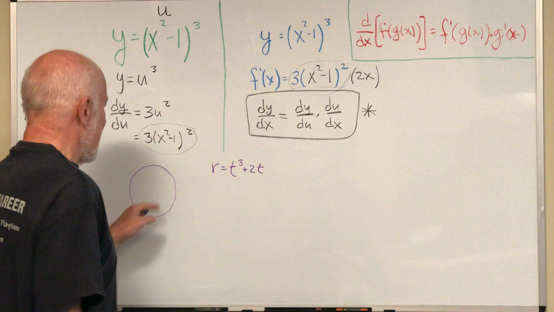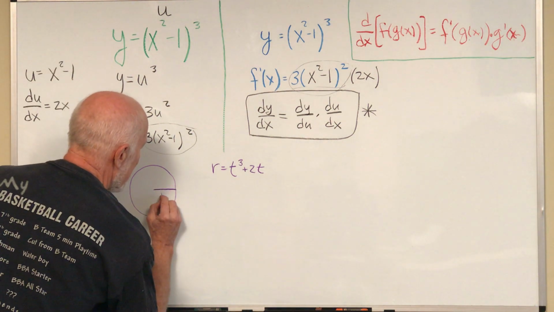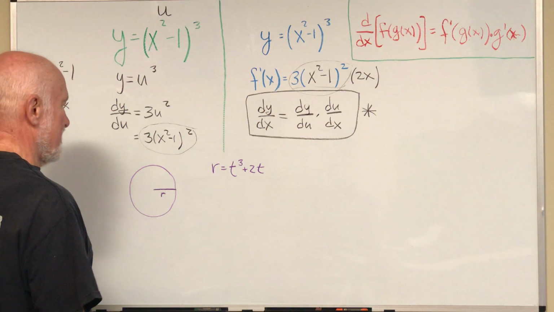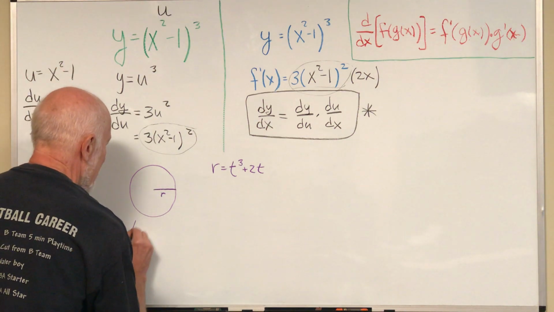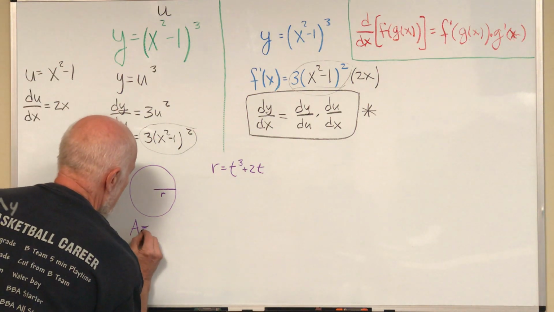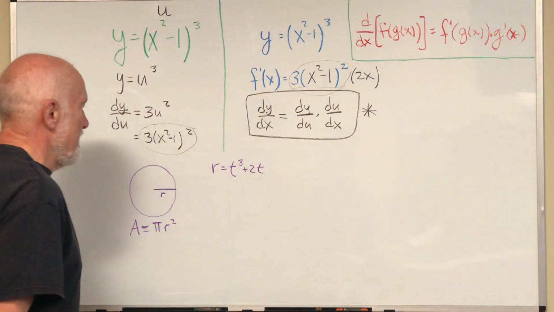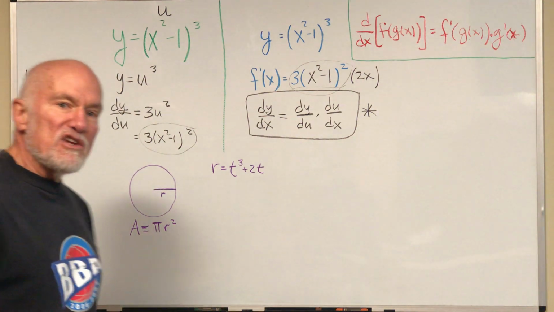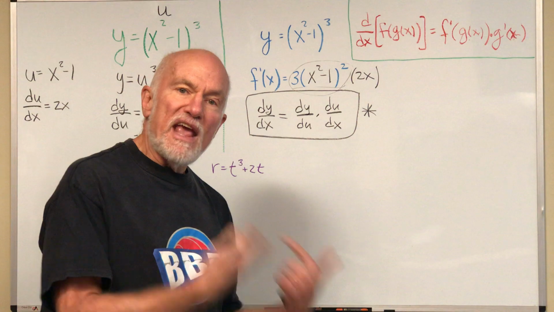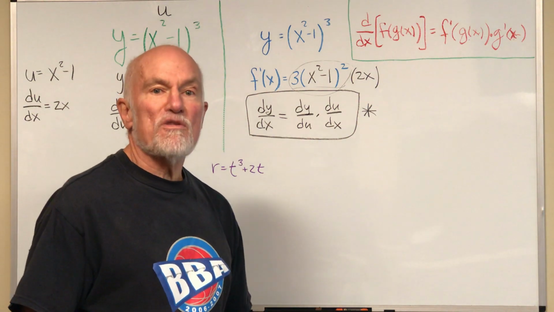The trouble is, the only variable in a circle that we think about is the radius. And we know that the area is a function of the radius. It's pi r squared. But we don't want to know the rate of change of the area with respect to the radius, we want to know with respect to time.